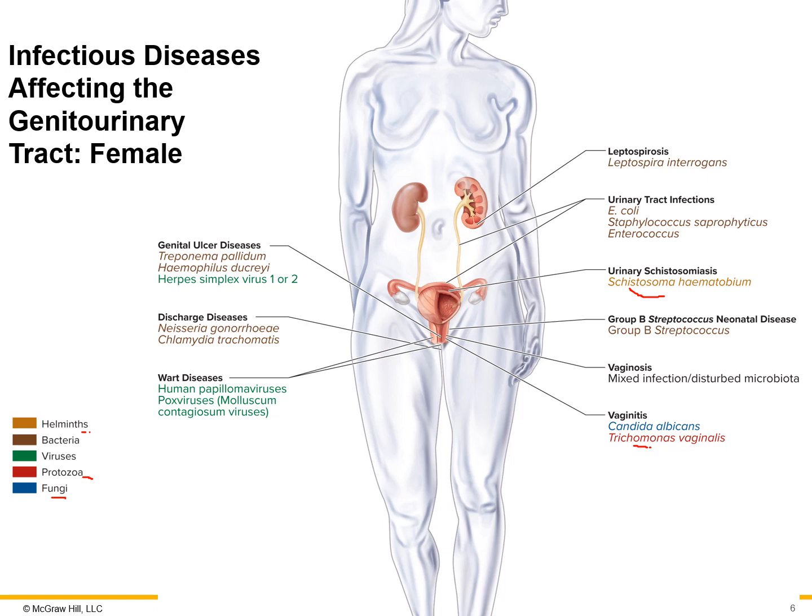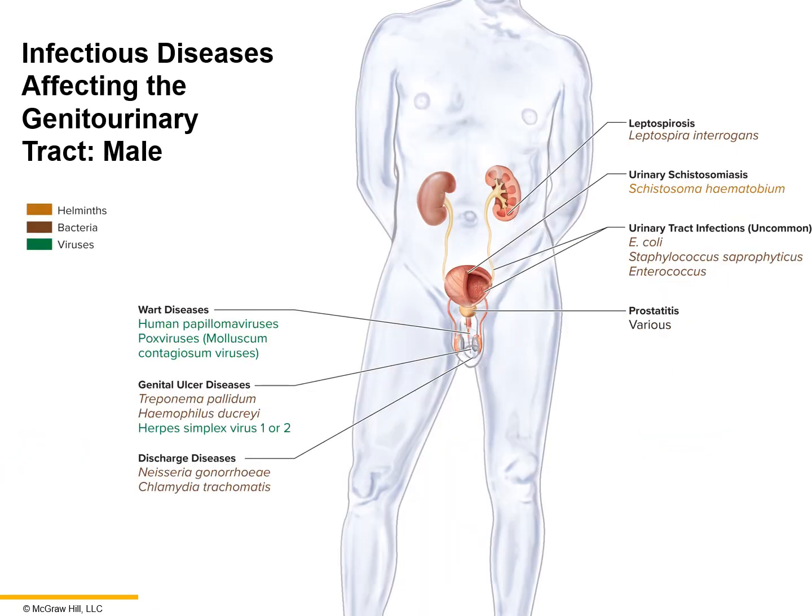And then only one fungus that we already mentioned, the Candida albicans, that yeast infection. The majority, though, of course, are going to be made up of our bacteria and viruses. And that's the same case in the males, so mainly bacteria and viruses that we're going to see. The schistosoma, though, is the helminth, but there's no protist or fungus that occurs in males.